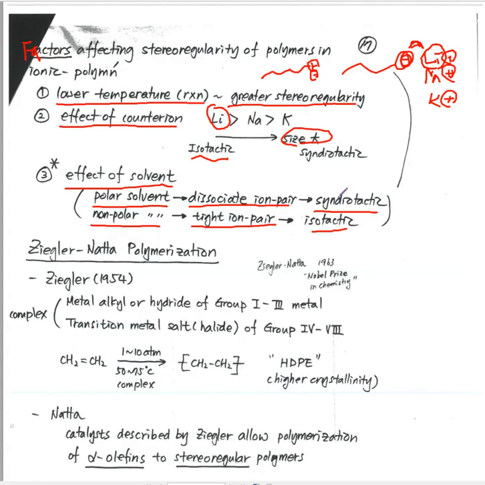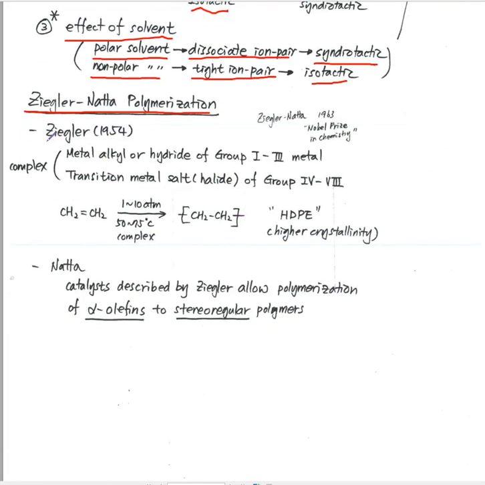In regard to coordination polymerization, we have to remember the Ziegler-Natta catalyst. This Ziegler-Natta catalyst was developed back in 1953 and 54. What these two people developed is a new catalyst to synthesize polymers.